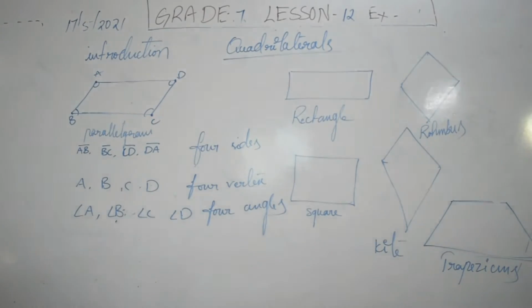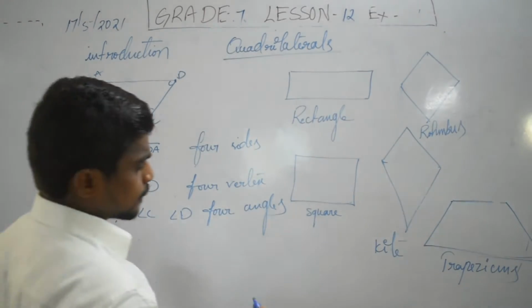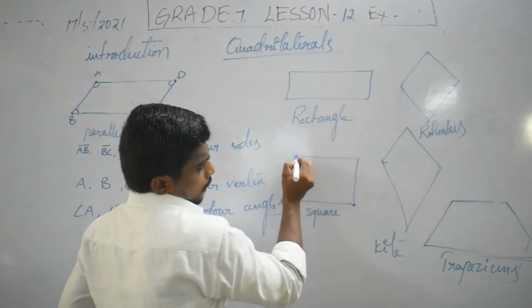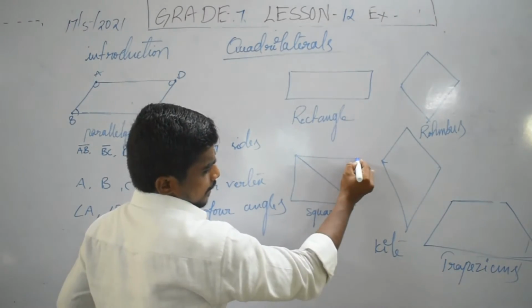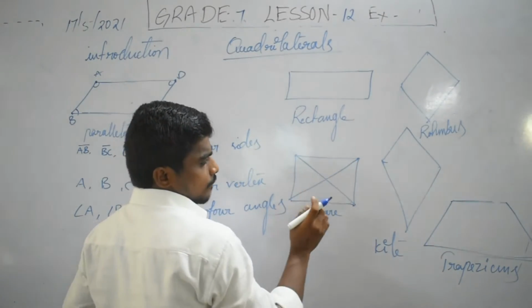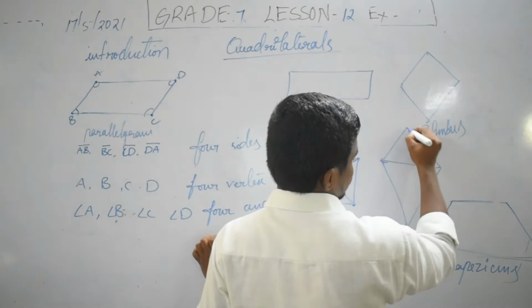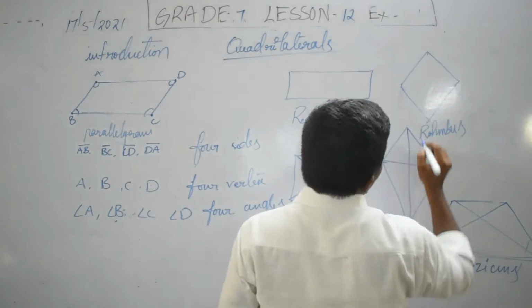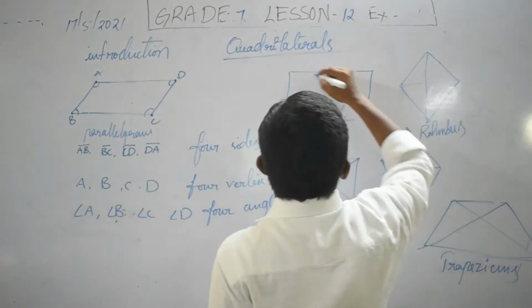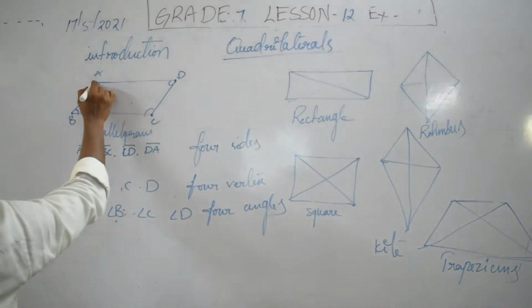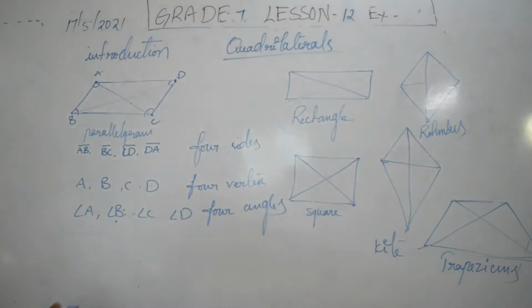Now diagonals. See, diagonals means we connect opposite angles of the quadrilateral. This is the diagonal of the quadrilateral. Every quadrilateral has how many diagonals we draw? Two diagonals.